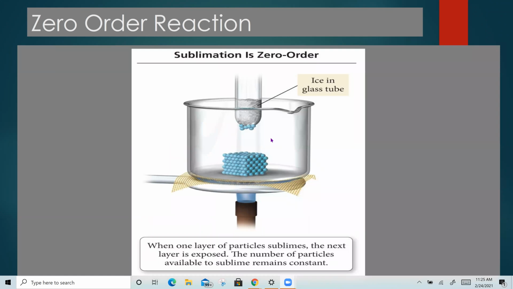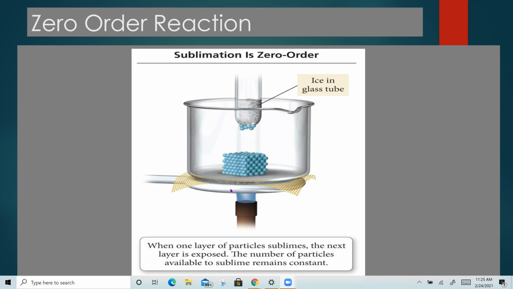Okay, and this is just an example of a 0 order reaction. Let's say we have some ice in a glass tube, and we want that to sublime. Does anyone know what sublime means? Sublimation is when you go right from a solid to a gas.